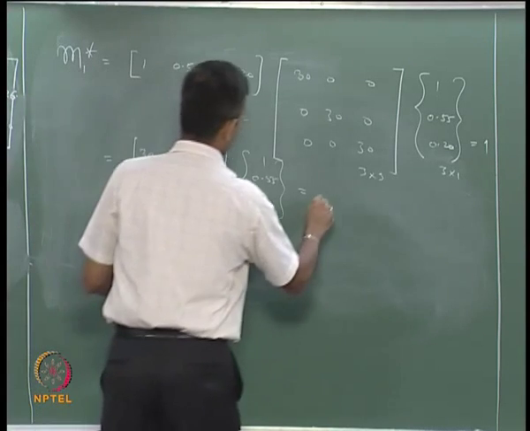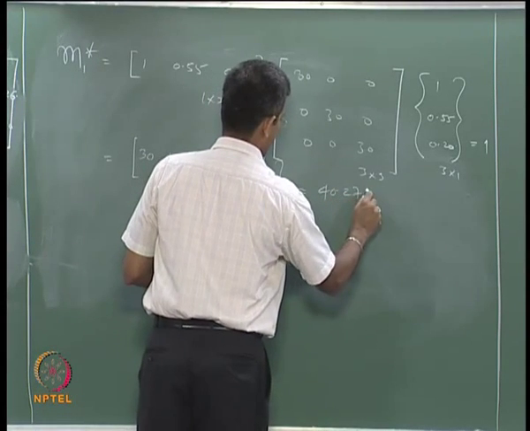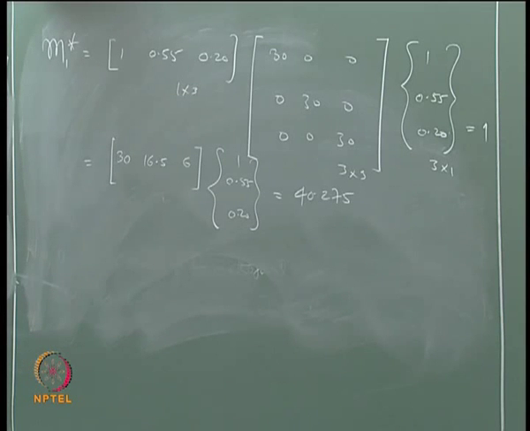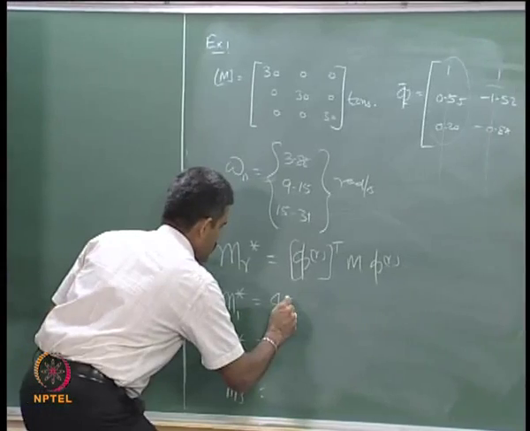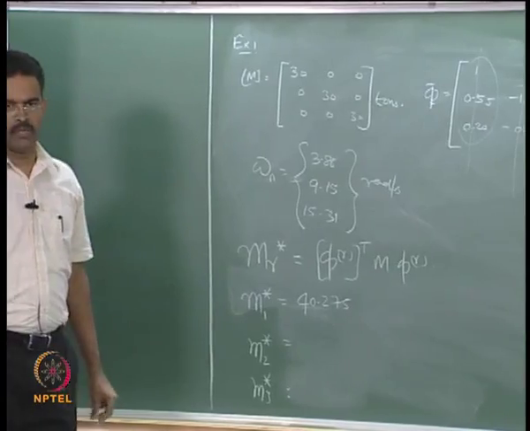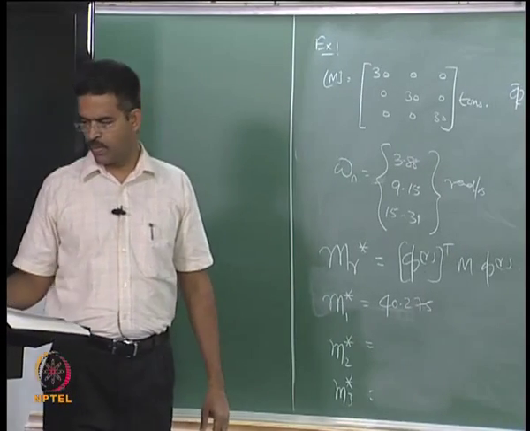Is it 40.275? So this is 40.275. Similarly, work out for M2 and M3.